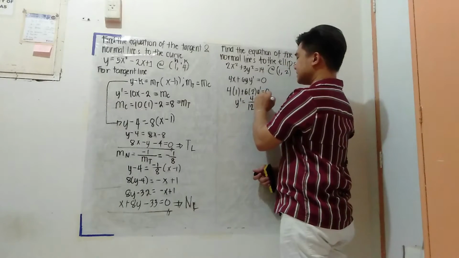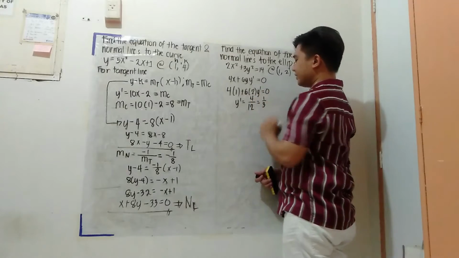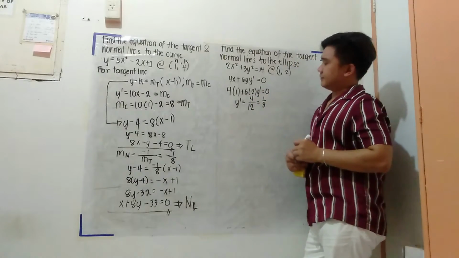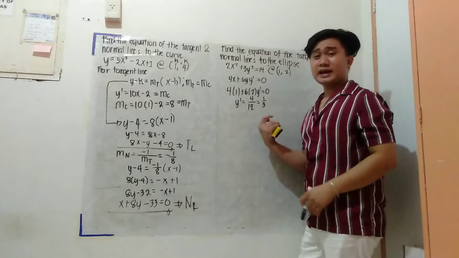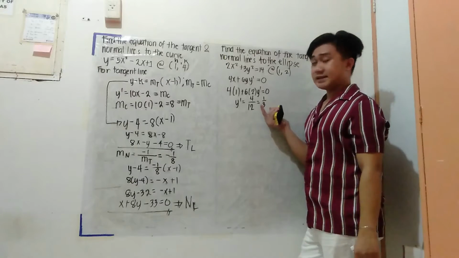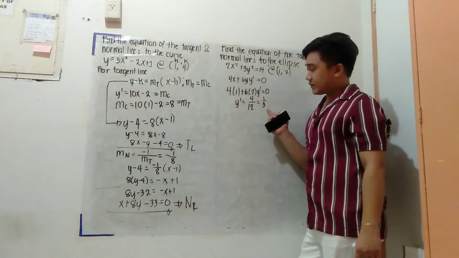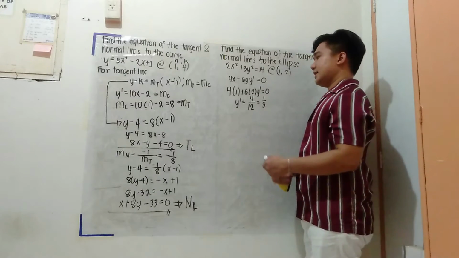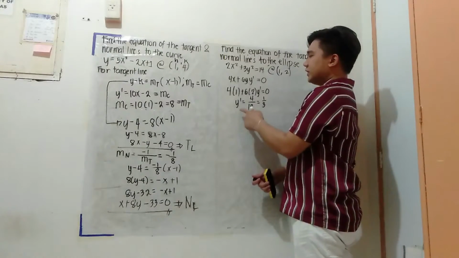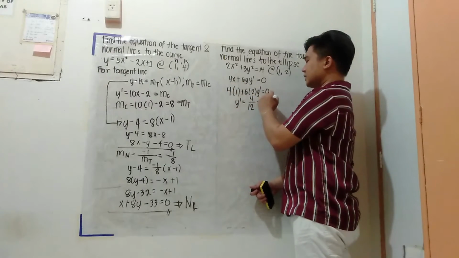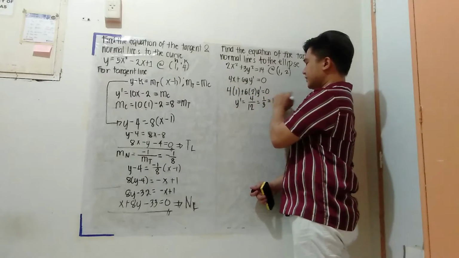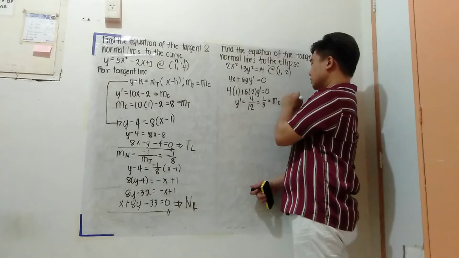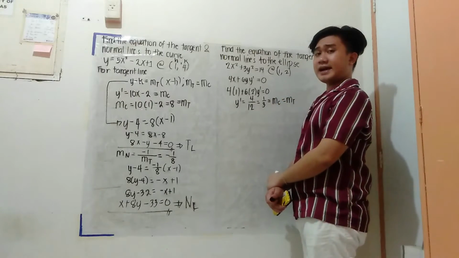Or simply, that is equal to 1/3. Tama ba? Medyo mahina akong mag-mental eh. Sanay sa calcu. So, this is equal to 1 over 3. Tama. This y prime, or the first derivative of the curve, is also the slope of the curve. And at the same time, the slope of your tangent line.